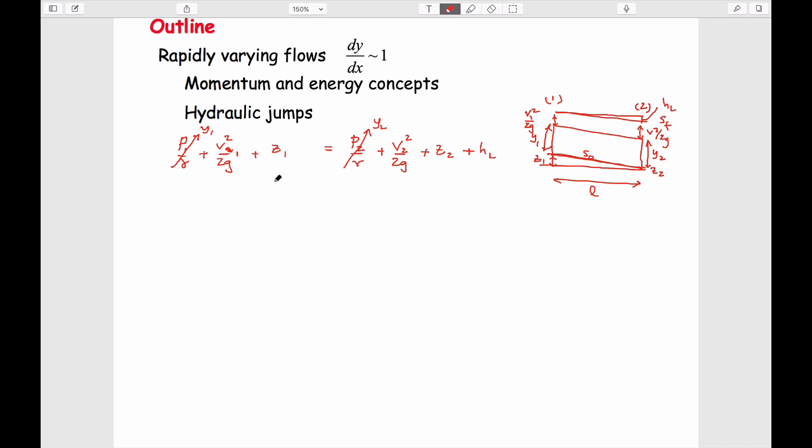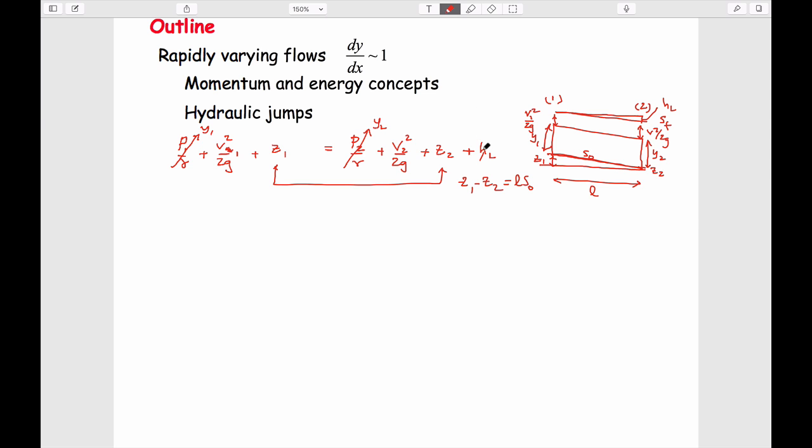And so this difference of z1 and z2 go together, because it's just a change in elevation. It's really the gravity that's driving this flow. And we could also write this one as z1 minus z2 is equal to length multiplied by the slope of this base, which is this.